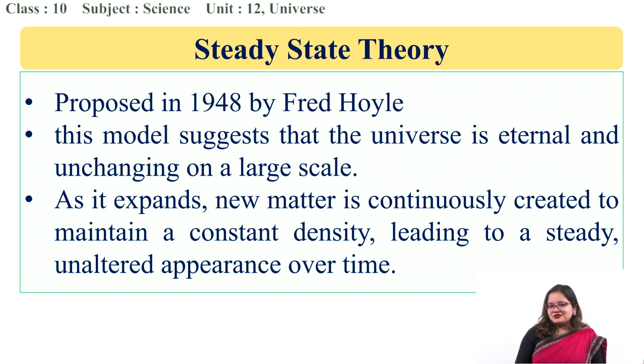How does it not change on a large scale? Let's see. According to this theory, as the universe expands, new matter is continuously created to maintain a constant density, leading to a steady, unaltered appearance over time. So, what does this mean? First we need to know the term density.